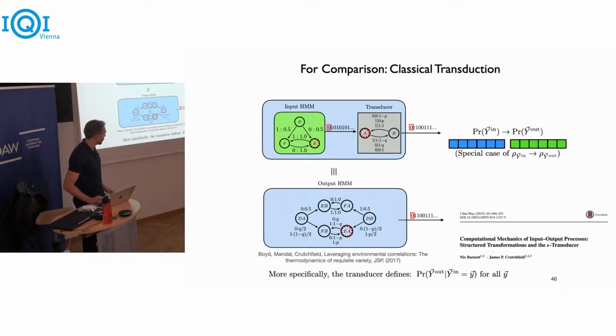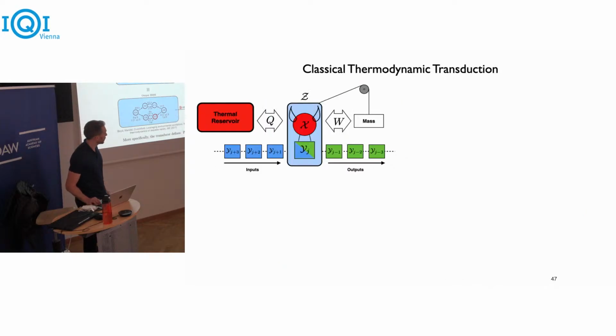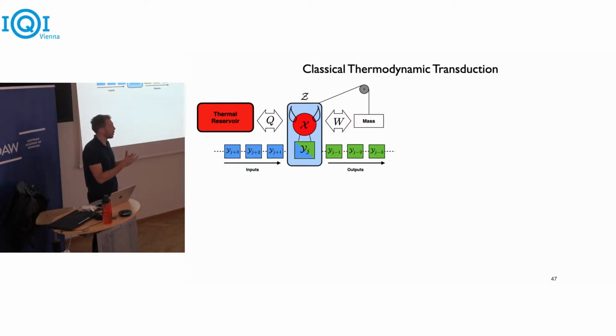Now, what's happening most precisely in a transducer is that the probability distribution over outputs is defined for any particular input sequence. So, the quantum comb that was shown before wasn't just an abstraction, like, here's a set of hidden states that maps inputs to outputs. It was a physical system. And in the same way, there's a physical framework for constructing any transducer. And it involves basically the following elements. It involves a work reservoir.